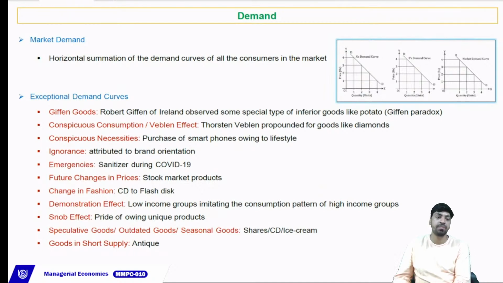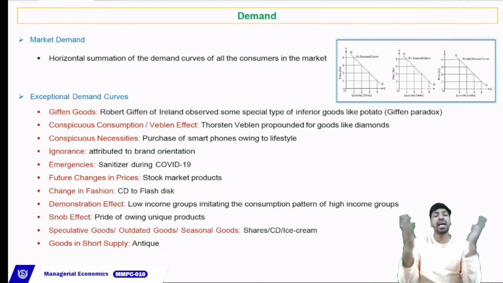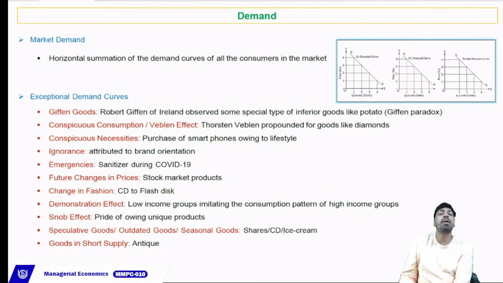The next one is conspicuous consumption, the Veblen effect. We are talking about status goods like diamonds and jewelry, which have no regular demand, and if need arises, the consumer buys it, otherwise not. That's why such consumption or goods are denoted by the Veblen effect or conspicuous consumption.